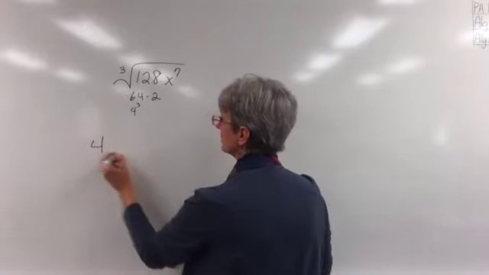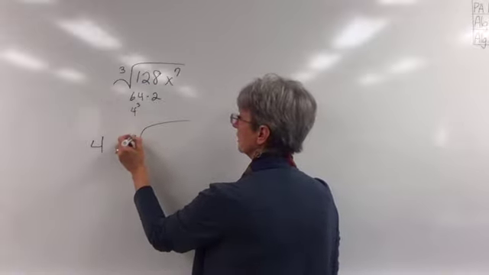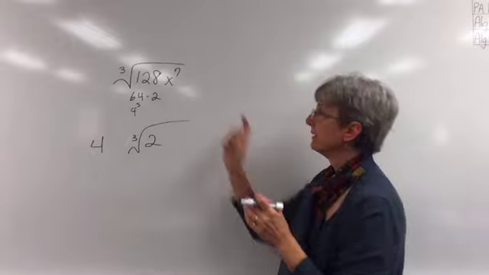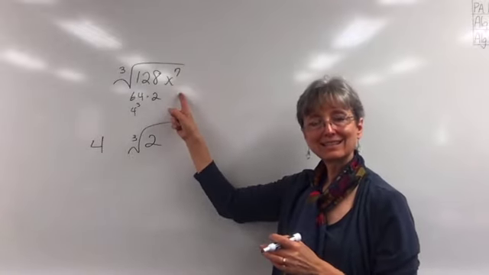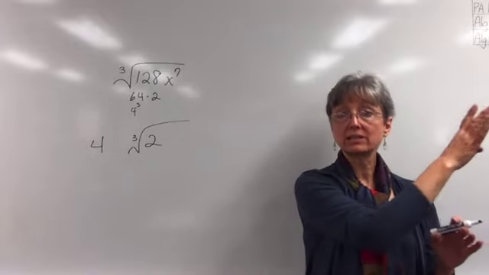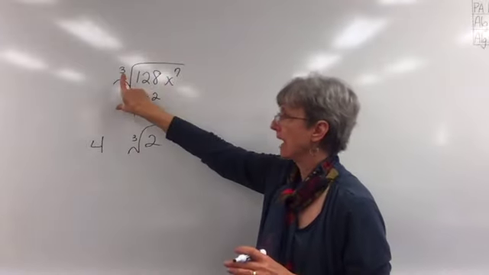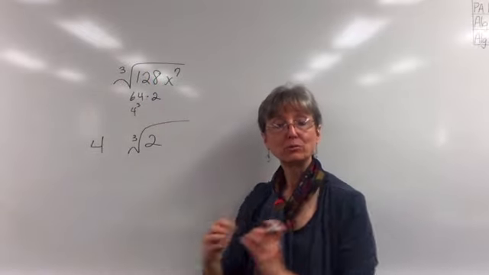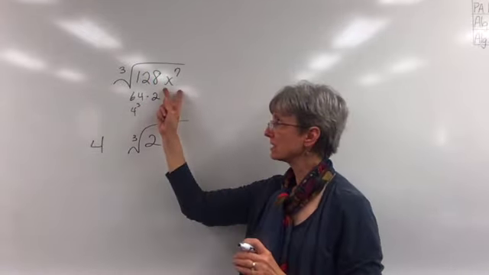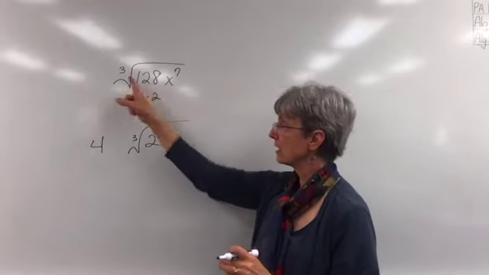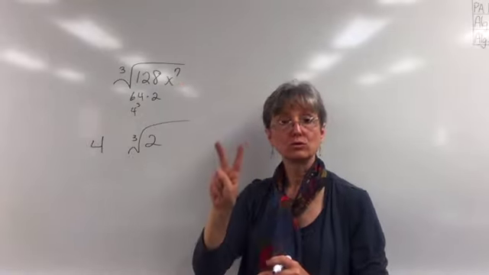That'll get rid of this 64, and 2 will be left in here. So here's my cube root, and I've left the 2. So I've dealt with the number. Now I have x to the 7th. I have 7 x's. How many groups of 3 are in 7 that I can pull out? Well, in 7 there are 2 groups of 3, because 3 goes into 7 2 times.